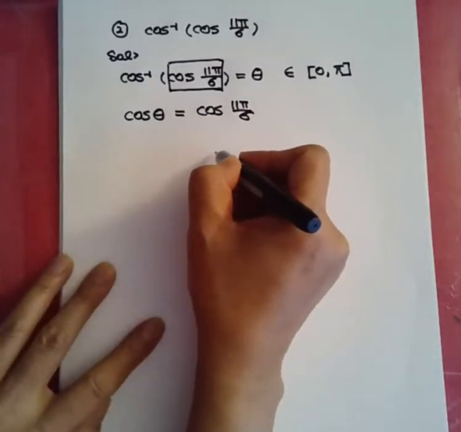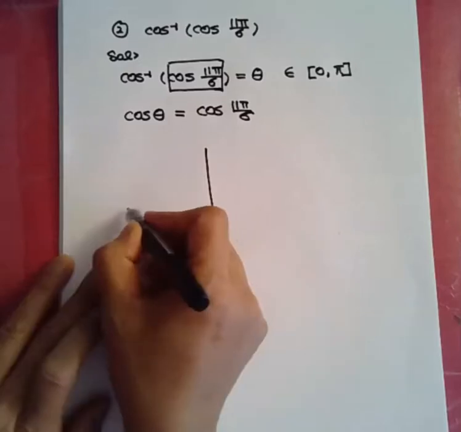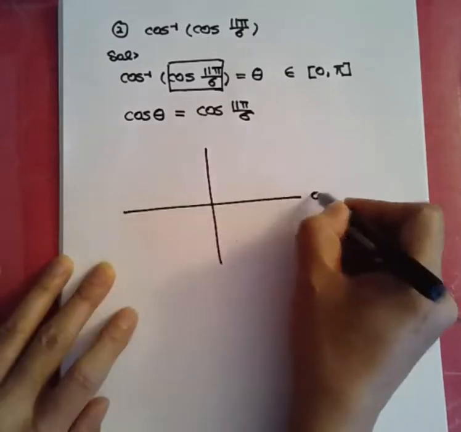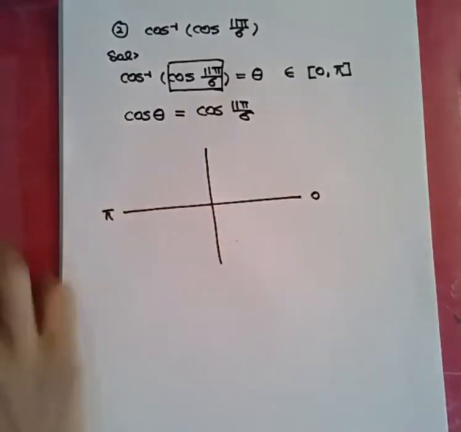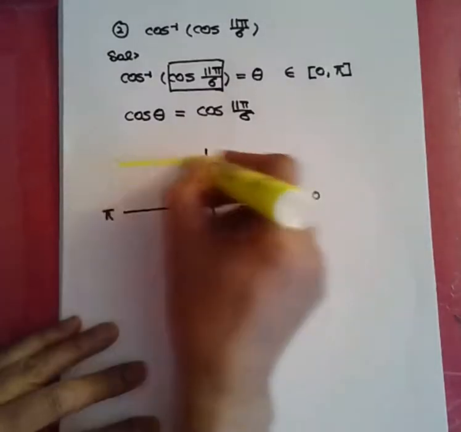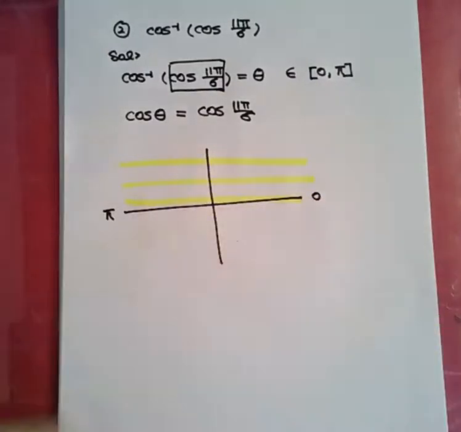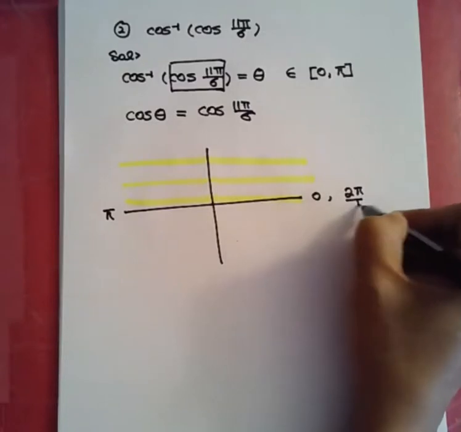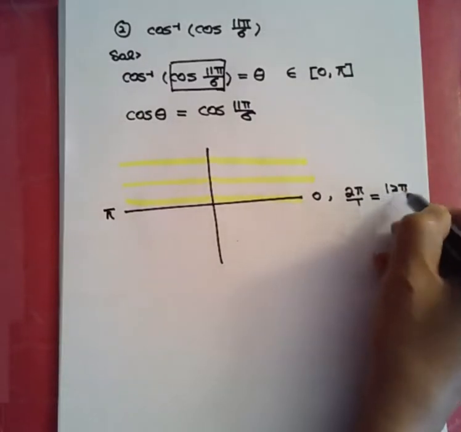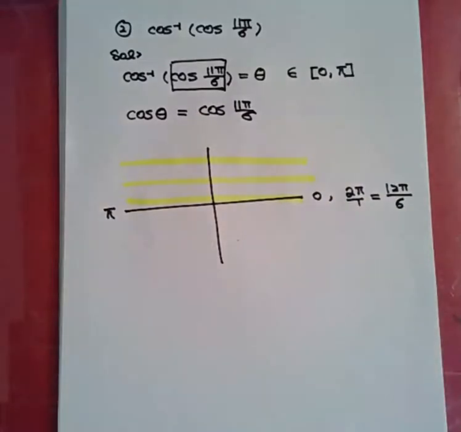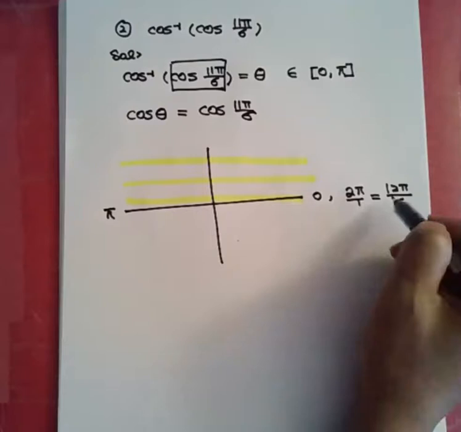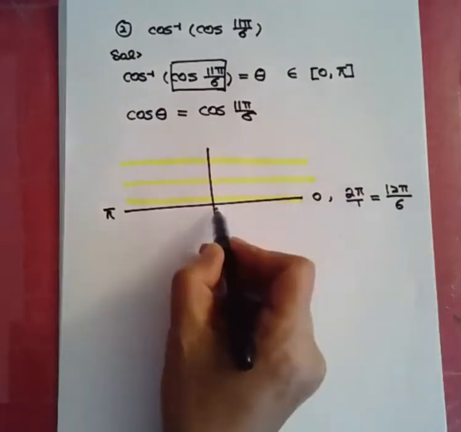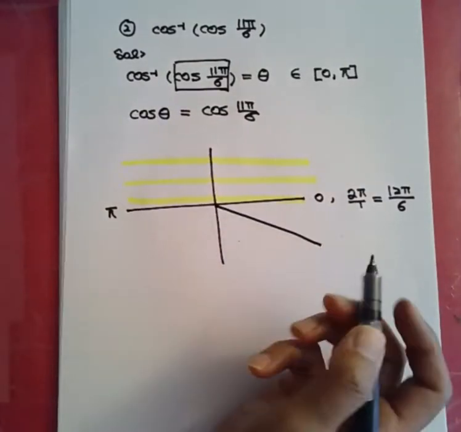Let's locate the angle. This is 0, this is pi. This is the range of cosine inverse. And this is 2 pi, that is 12 pi over 6. 11 pi over 6 is a little less than 12 pi over 6, so apparently the angle is in the fourth quadrant.